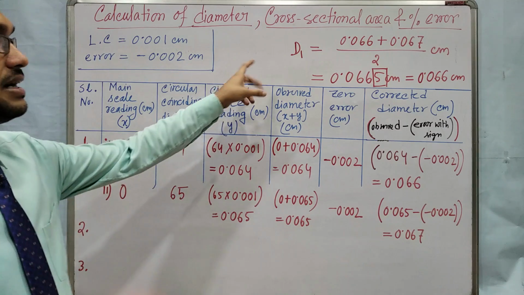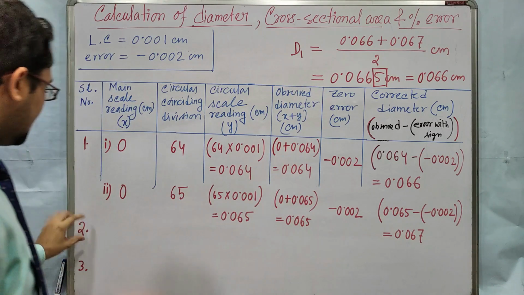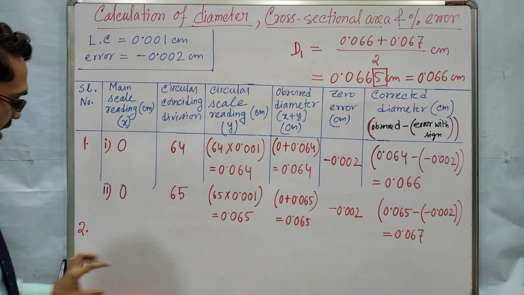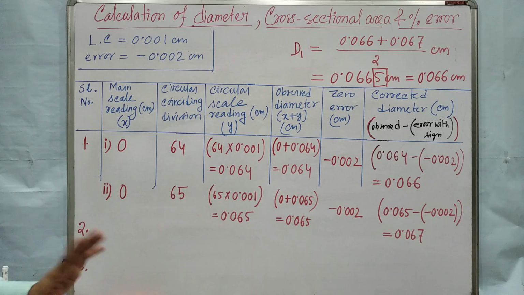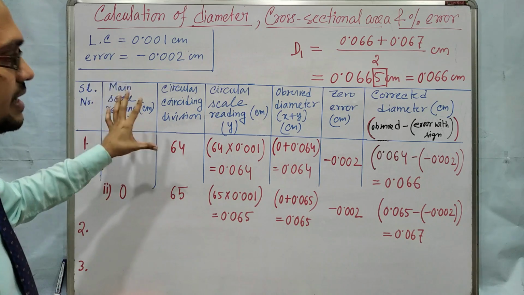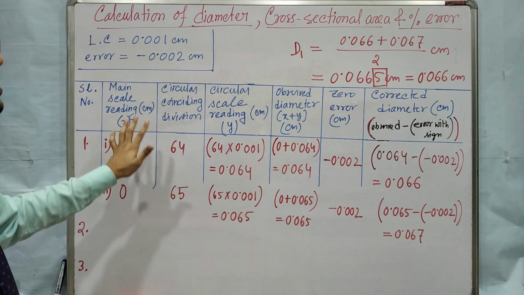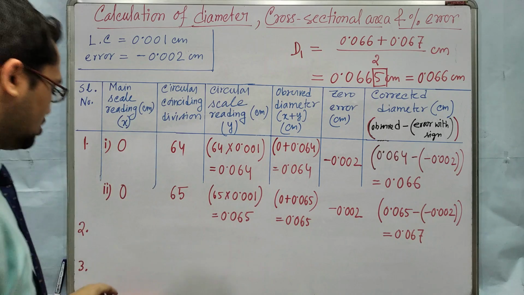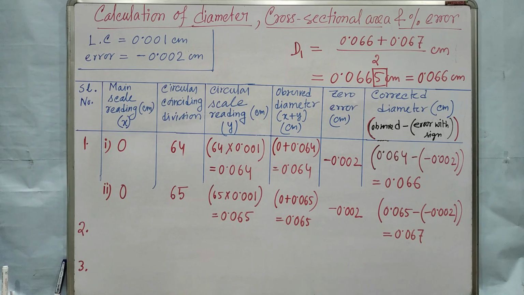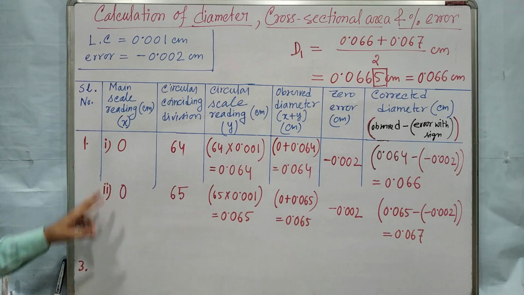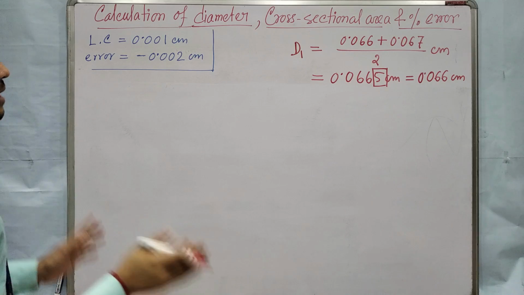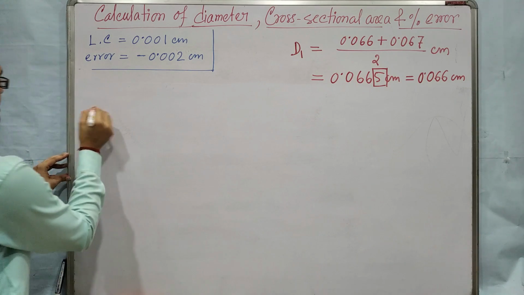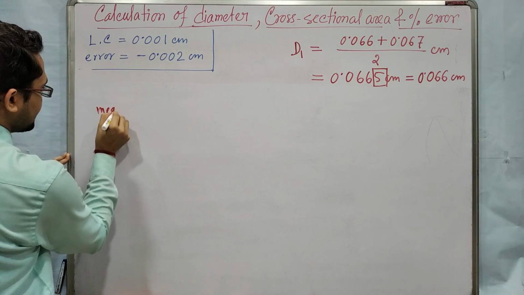Clear? So this is the proper calculation for D1, diameter 1. Again you will get diameter 2 and diameter 3. In this way you will complete the first table, which is for calculating the diameter of the wire. After getting D1, D2, D3 you will find the mean diameter.